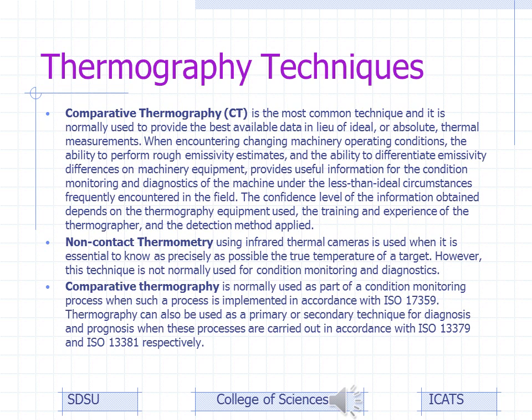Okay? Non-contact thermometry can be done with thermographic equipment. That's often in a scientific setting how it's used, often with a set camera, very tightly controlled environmental conditions, so those aren't a factor. This is using thermal cameras when it is essential to know as precisely as possible the true temperature of the target. However, this technique is not normally used for condition monitoring and diagnostics.